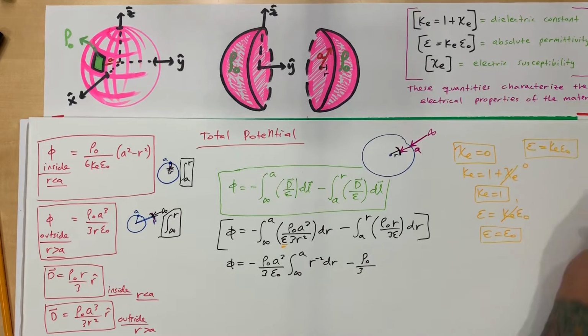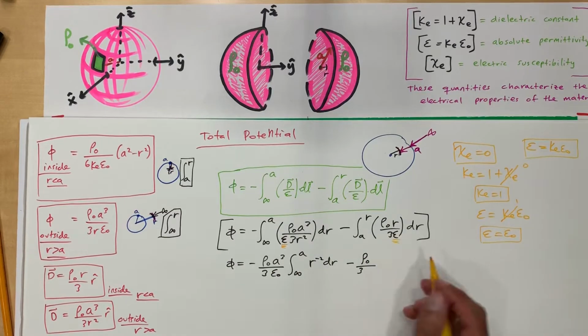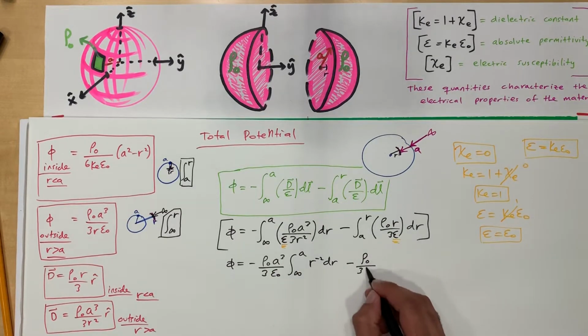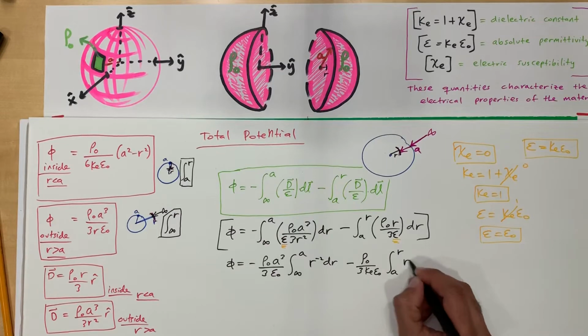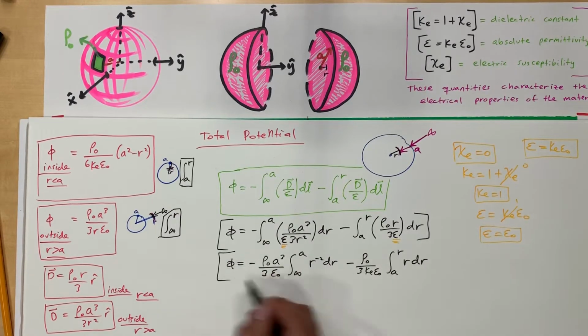So that's what we're going to change it to. So it's right here, Ke epsilon naught, and then let's write the integral A to R. What's left over is r dr. Okay, and now let's evaluate the integral.